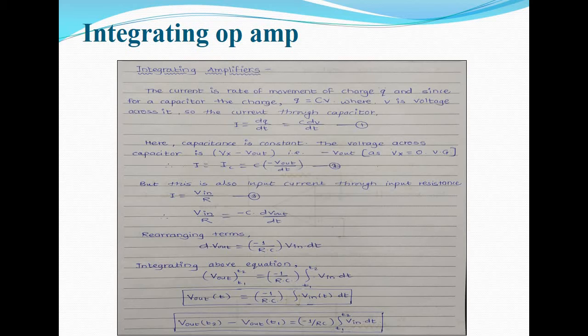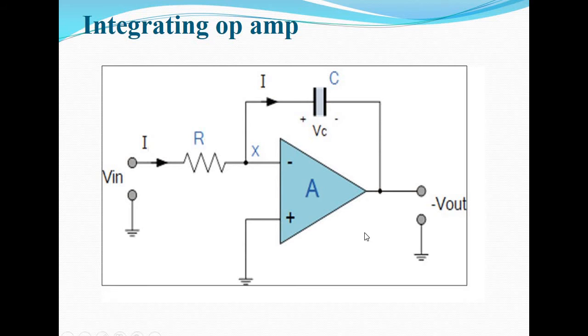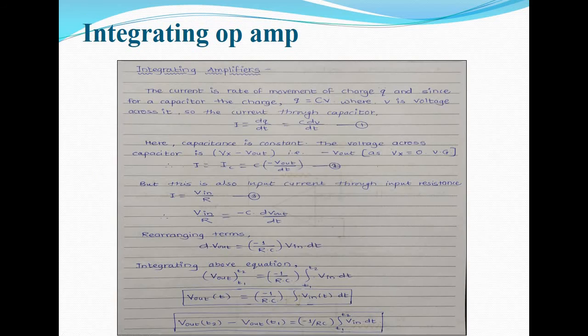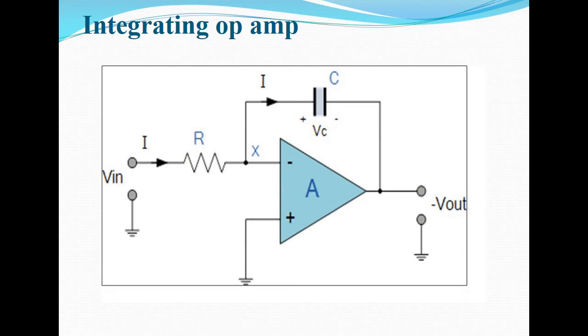So next, here the capacitance C is constant. The voltage across the capacitor, that is the voltage at this branch and the voltage at this other branch, that is Vx minus V out. Vx, okay, and the other branch V out.